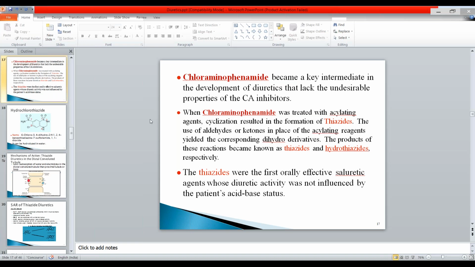Leave a line. Chloraminophenamide, when made to react with acylating agents, gives thiazides.